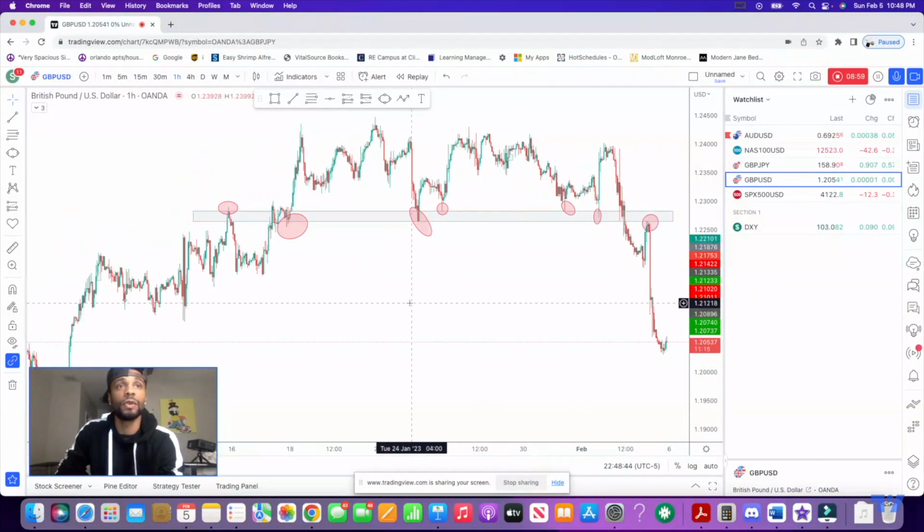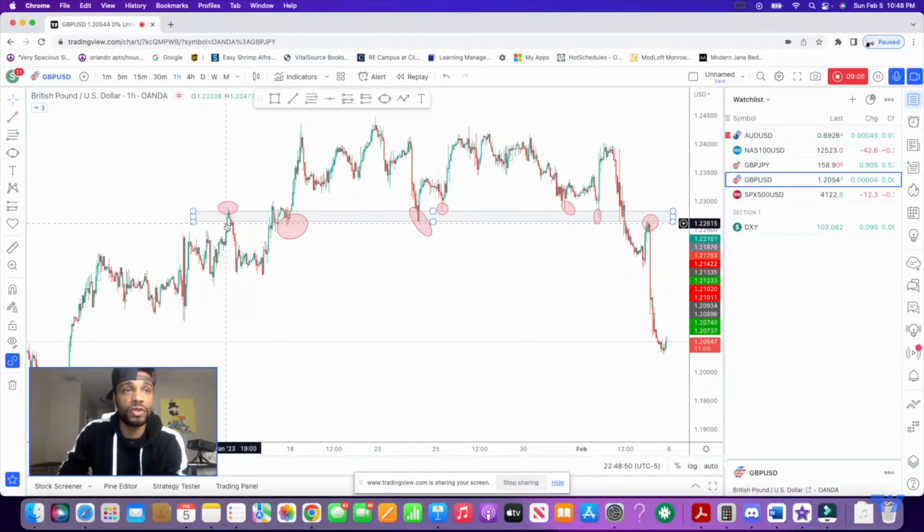Okay. So now, if you remember the examples that we had earlier where price bounces off, you see that price went up and came back down, right? Price went up, tried to come back down, but then it went through and then shot up, all right?